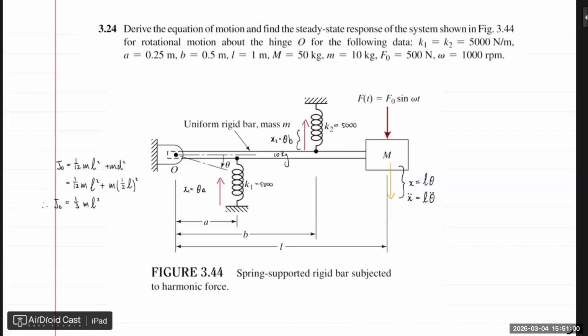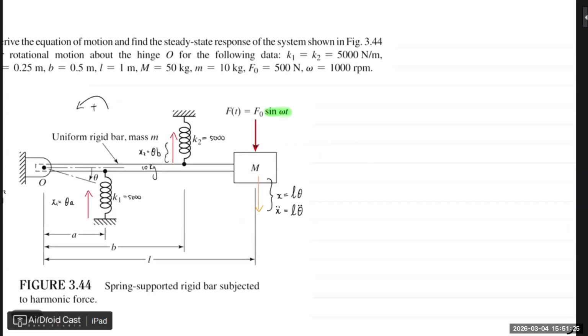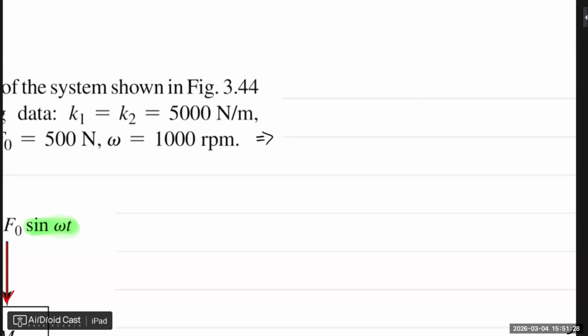And just again to mention that this part is sin. So I mustn't forget about that. And I'm going to treat anti-clockwise or counterclockwise as positive. I can quickly take this omega just to the right units.